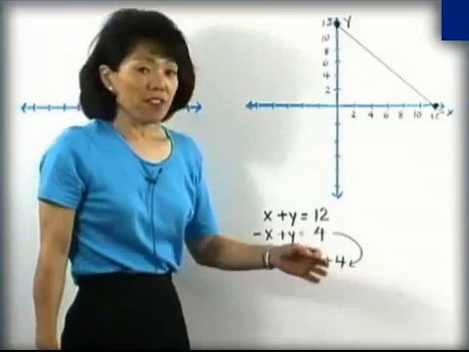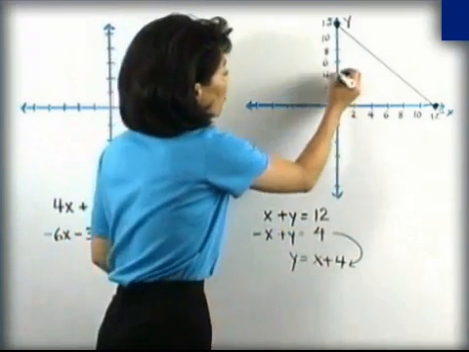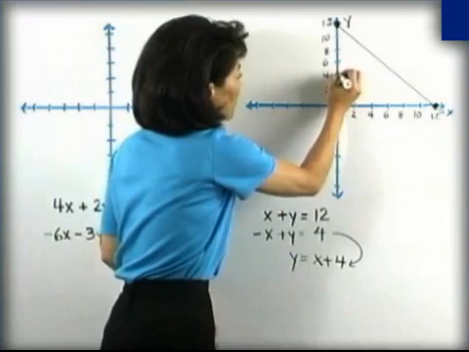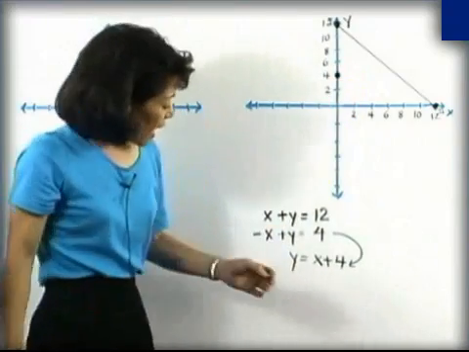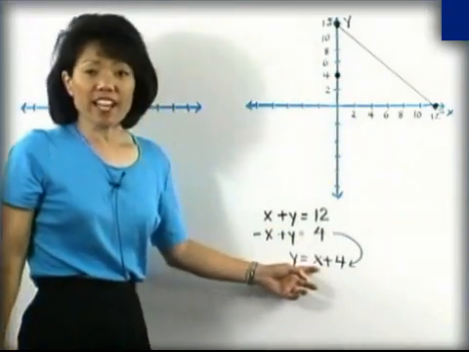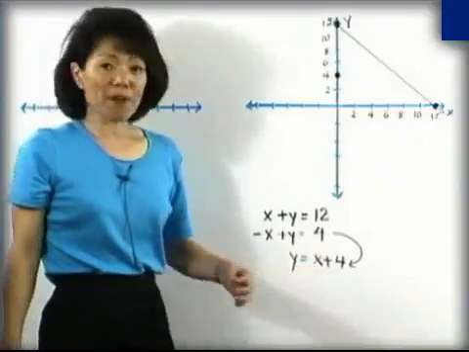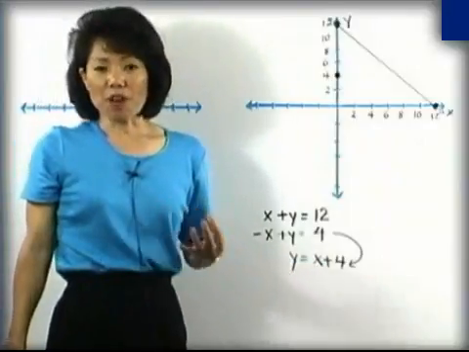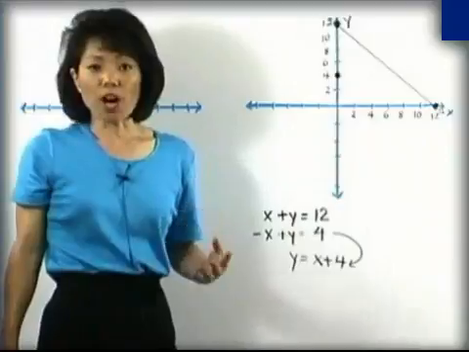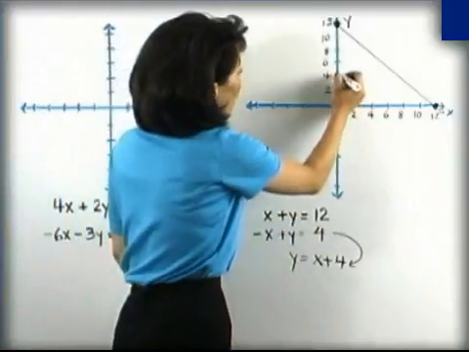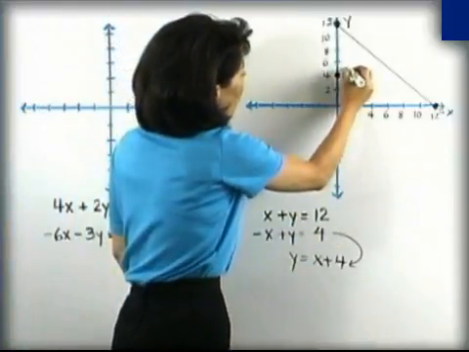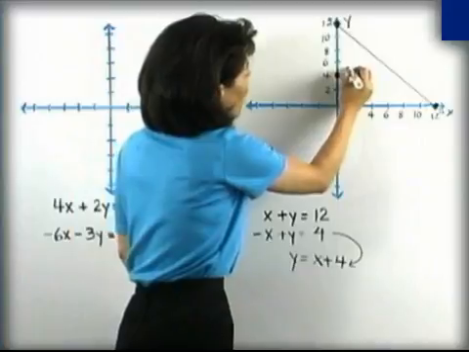So the y-intercept is equal to 4. That means here it is at 4. My slope happens to equal 1, since the coefficient of my x term is 1. So my rise over run is 1 over 1. So from 4, I go up 1 and over 1 for my second dot.